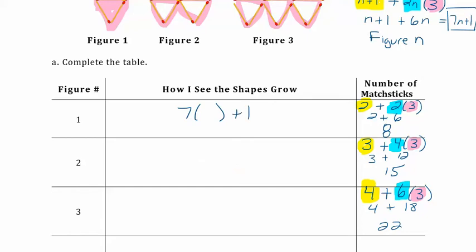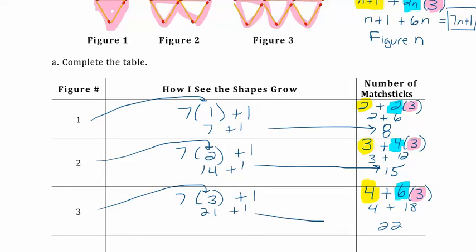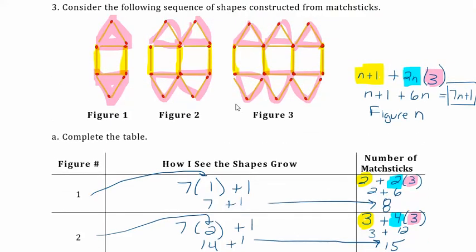So 7 times 1 is 7, plus 1 is 8. 7 times 2 is 14, plus 1 is 15. 7 times 3 is 21, plus 1 is 22. So that's another way you can check your formula: see if it gives you the number of matchsticks that you were able to physically count.